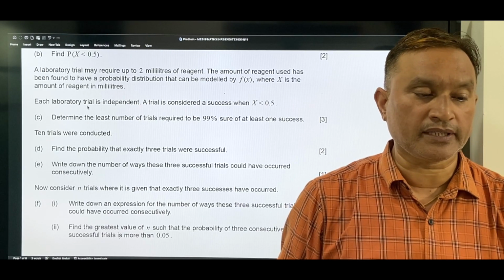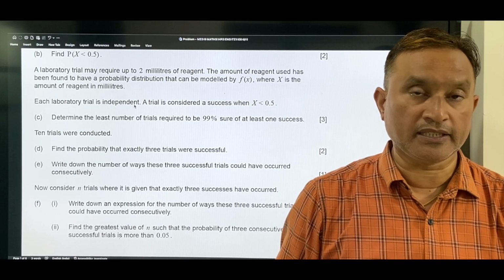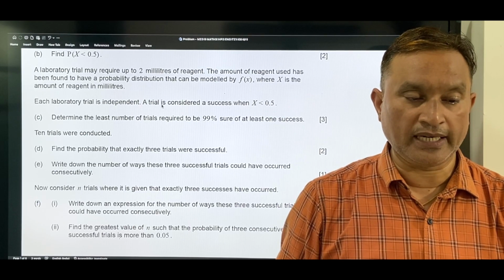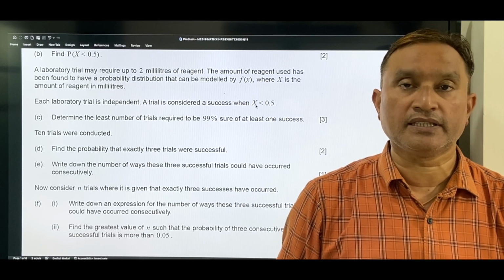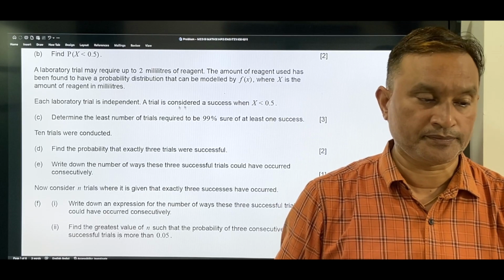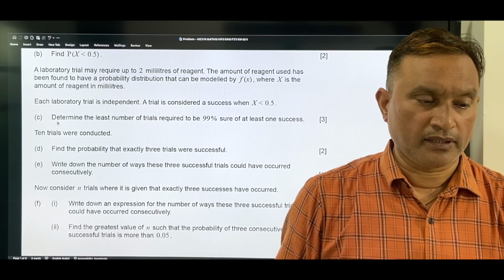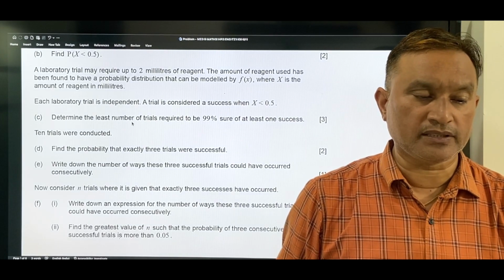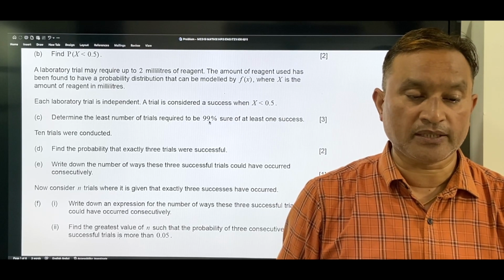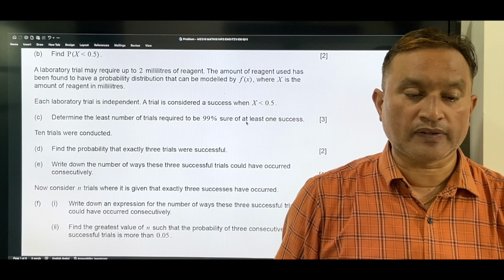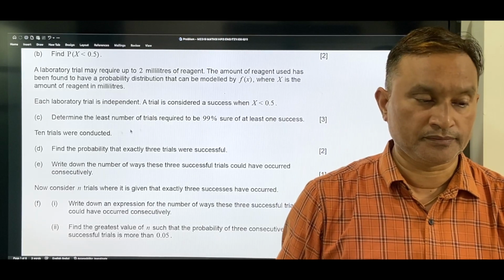Each laboratory trial is independent. A trial is considered a success when x is less than 0.5. C part, determine the least number of trials required to be 99% sure of at least one success.